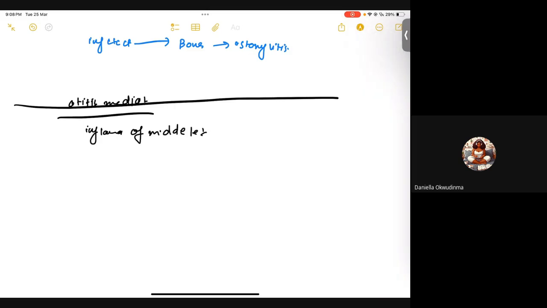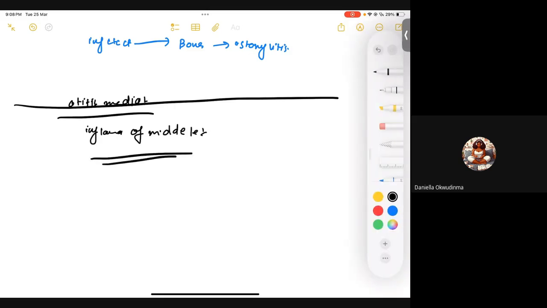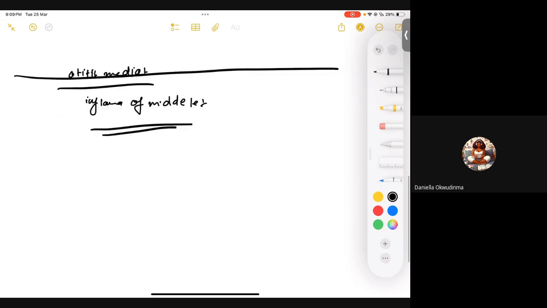Looking at the anatomy, we discussed that we have a eustachian tube, which attaches your middle ear to your nasopharynx. And we discussed that in children under 2 years, there is a more horizontal configuration of the eustachian tube.